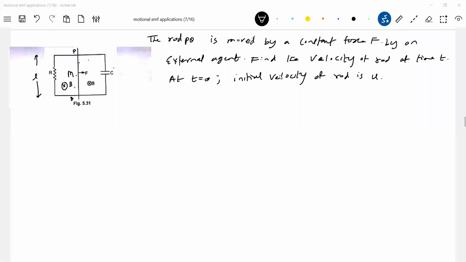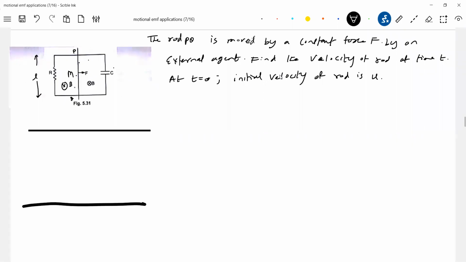The EMF of that cell depends on the speed of the rod. Since we applied a force F, look at how the current flows. First, there's a loop. We have here a resistor, and there's a rod.